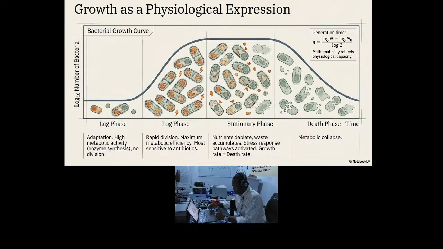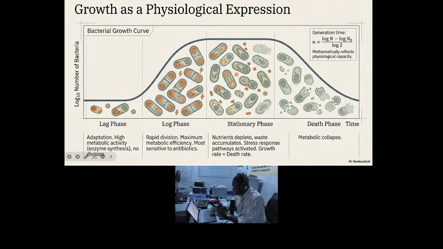You check your vehicle, the water level, the oil level, everything. But at that point there's no movement. So that's why in the lag phase there is no division at all.